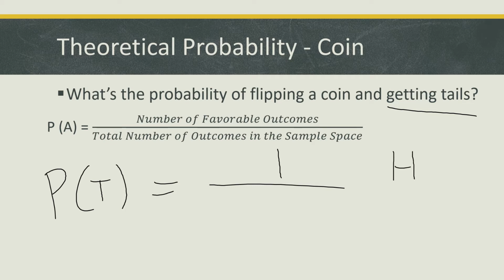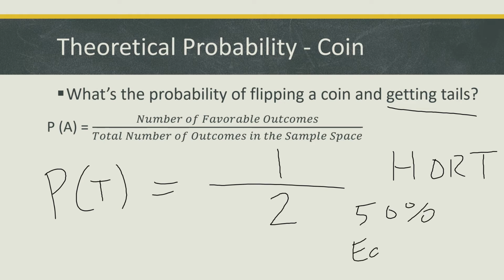So the possibilities are heads or tails. So there's 2 possible outcomes in your sample space. So your probability is 1/2, which is 50%. And that was called equally likely. Excuse my handwriting.